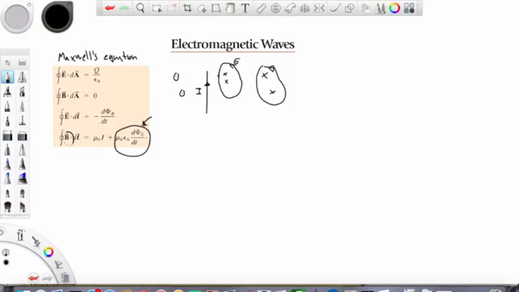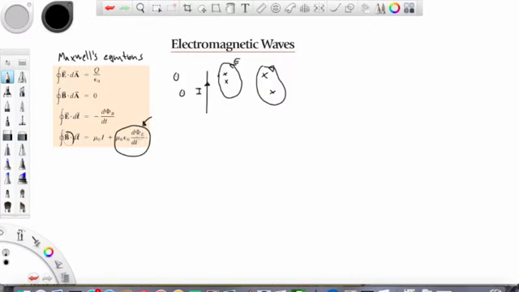This is telling us that a magnetic field is not only generated by a current in a conductor, but it can also be produced in empty space if there is a changing electric field. This was the discovery of Maxwell that completed the picture of electromagnetism, and that's why these equations are called Maxwell's equations.